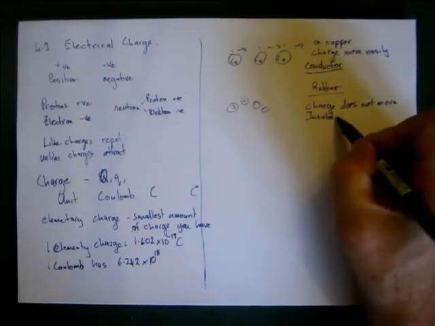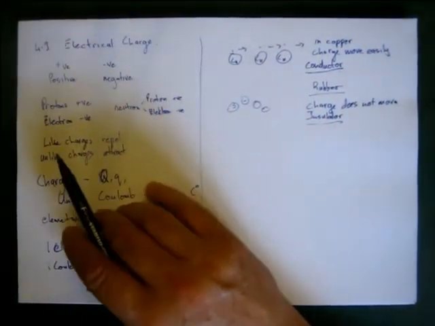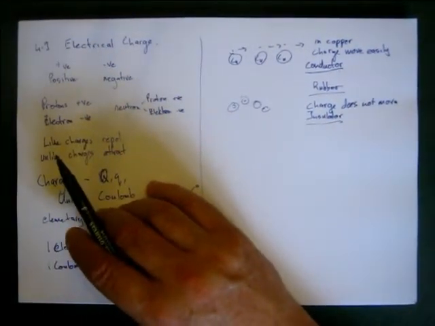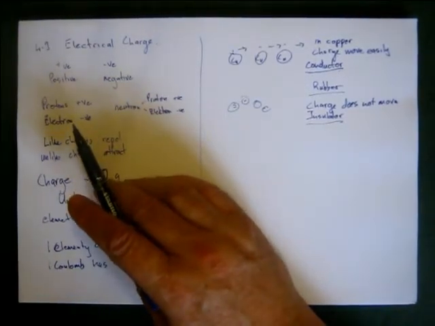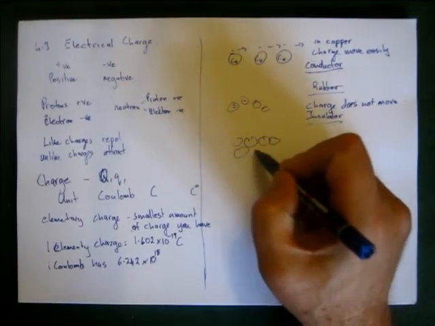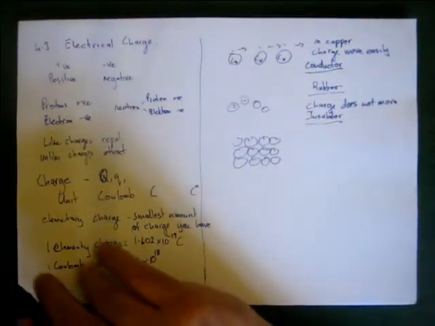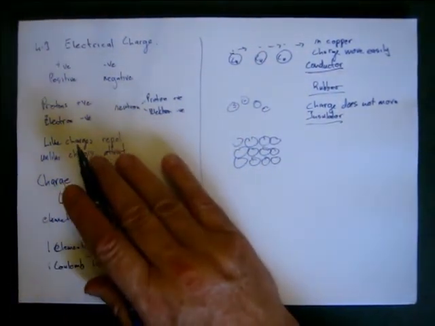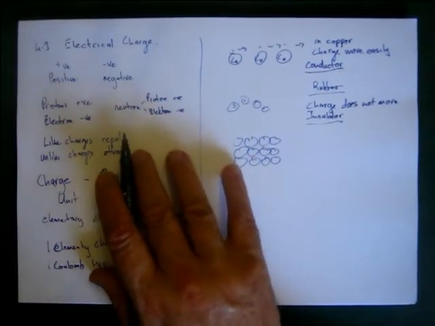So if it can move freely, it's a conductor. If charge will not flow through it easily, it's an insulator. And there's actually a third type of material nowadays, which is basically when you have a whole lot of atoms, for example, and normally they will not conduct, but if you put a field or something on there, it will conduct.